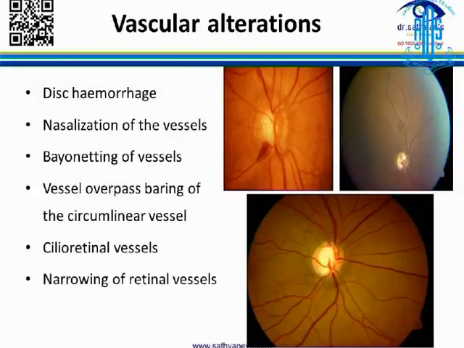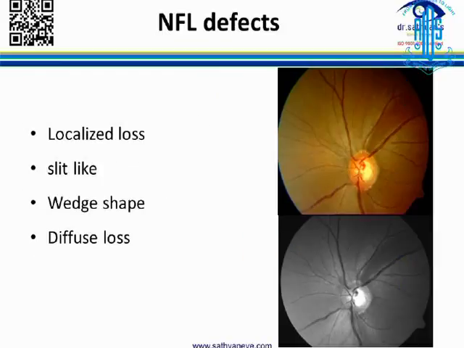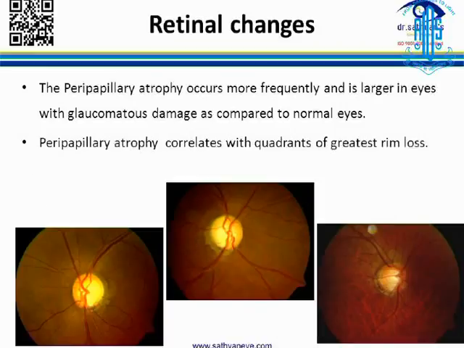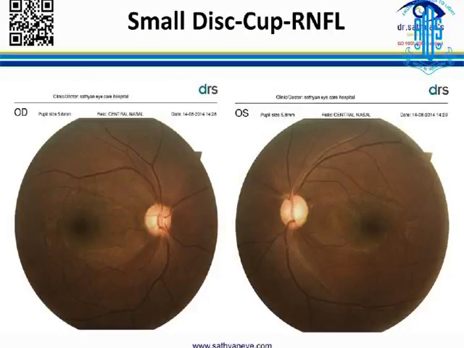And the vascular alterations, especially the disc hemorrhage, which is very commonly seen with normal tension glaucoma, where you see the progression, and you have to know how to look at the absorbing hemorrhage and the RNFL loss associated with that. Then you have the retinal nerve fiber layer defects, local slits and wedge or diffuse defects. You can see the pictures, a lot of pictures are there. And the peripapillary area, especially the peripapillary atrophic changes.